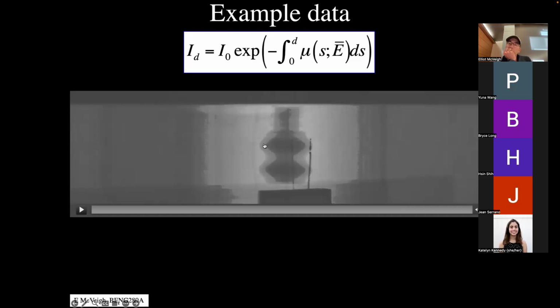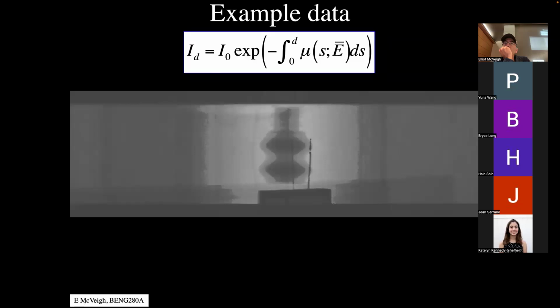GD, does that have a physical meaning, or is it something that we define? No, it has an absolute physical meaning. The physical meaning is it is the sum of the attenuation coefficients along a line. So those have a physical meaning.